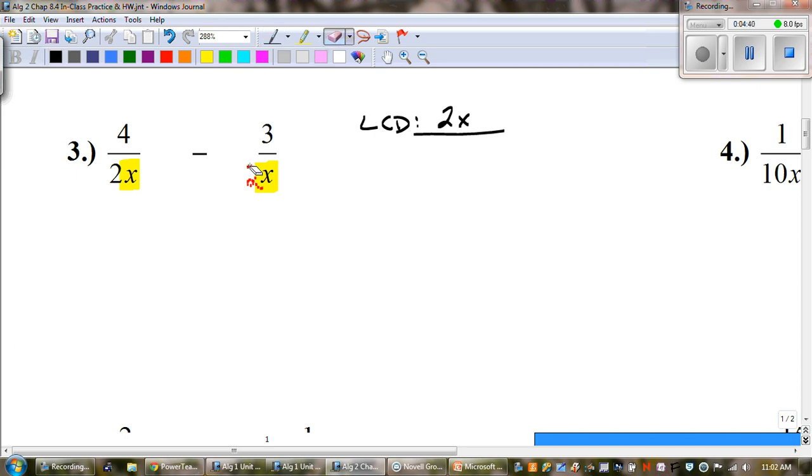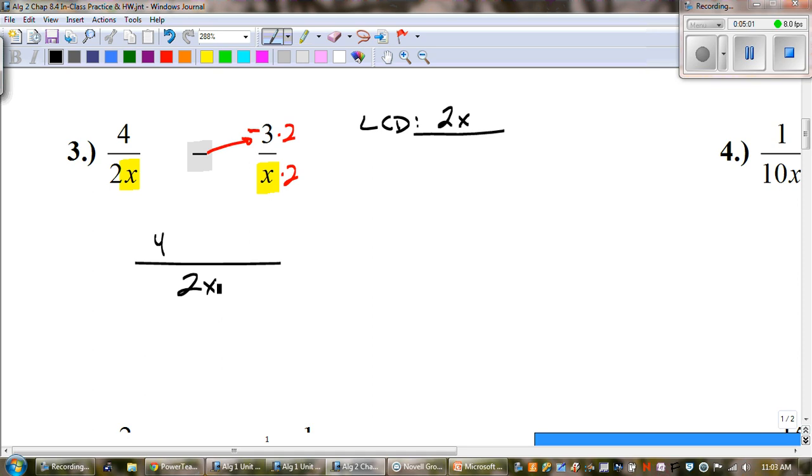So to turn that into a 2x, I only need to multiply the right side by 2. And as I'm doing that, I need to remember that this is a negative 3. So the 4 stays the same.